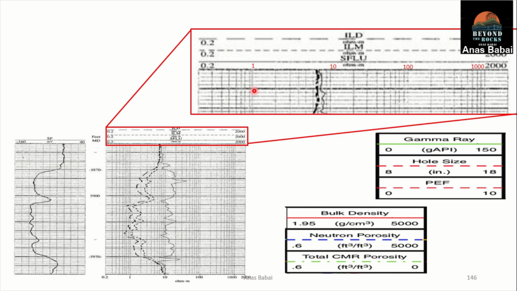While in the resistivity log, since the scale is logarithmic, we will see the minimum and maximum value. More or less, most of the time the scale is fixed from 0.2 to 2000.